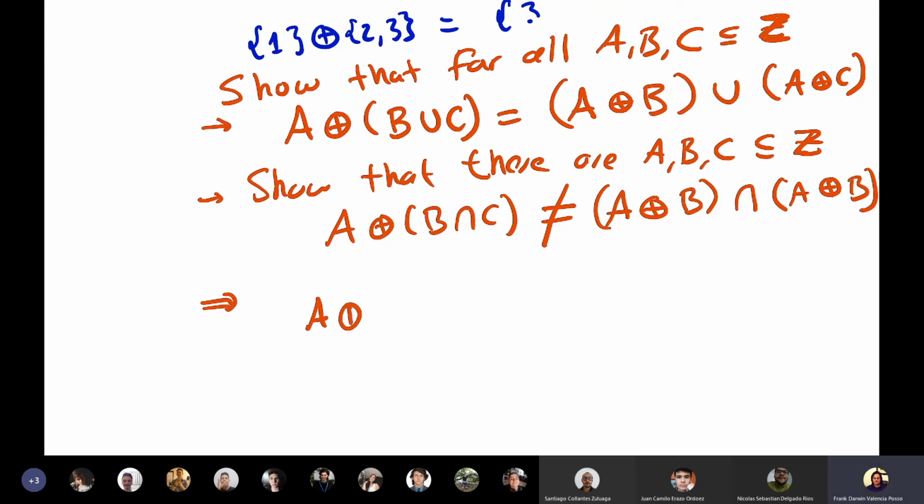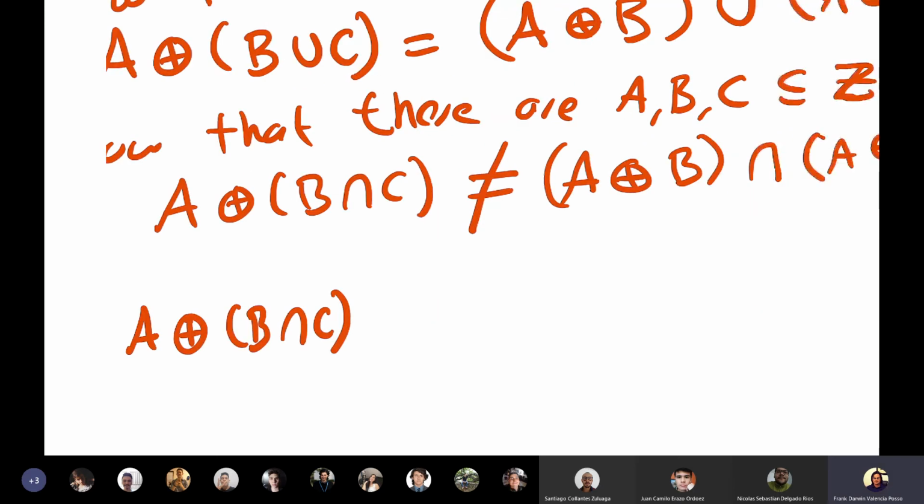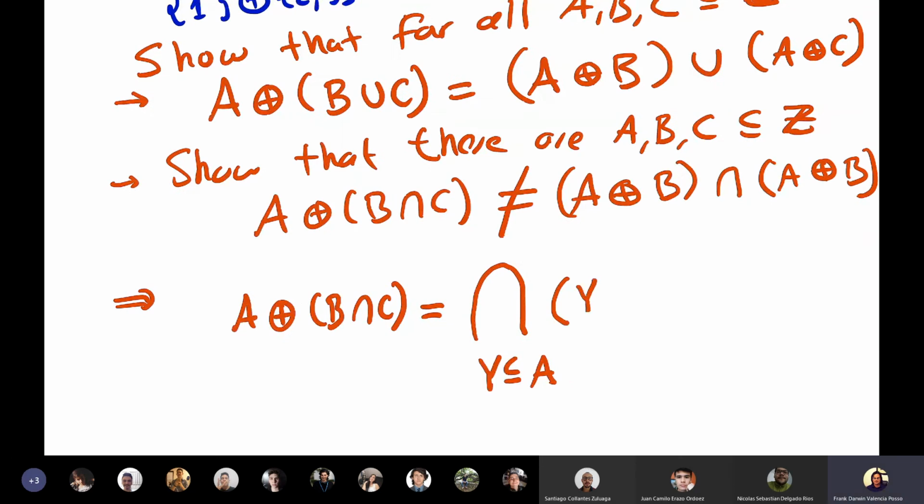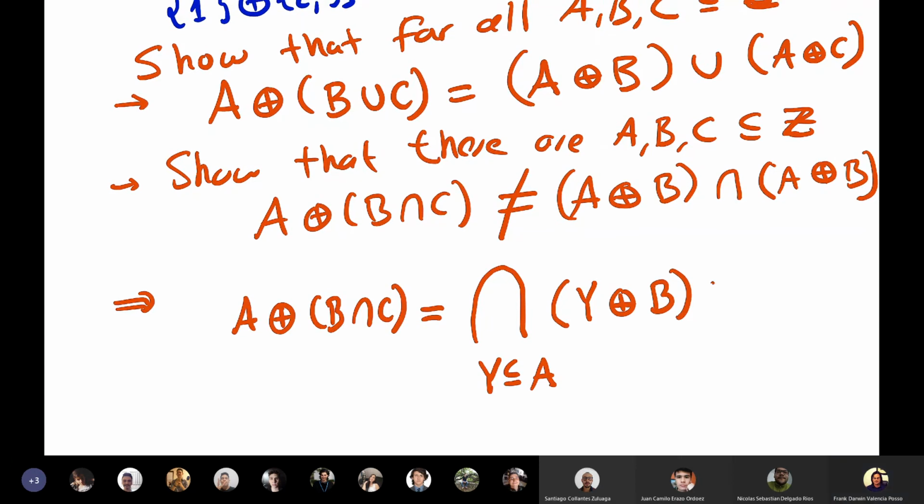A plus (B intersection C) is not the same as this, but is the same as this: the big intersection of all Y's that are subsets of A, and then you take Y plus B union Y plus C.